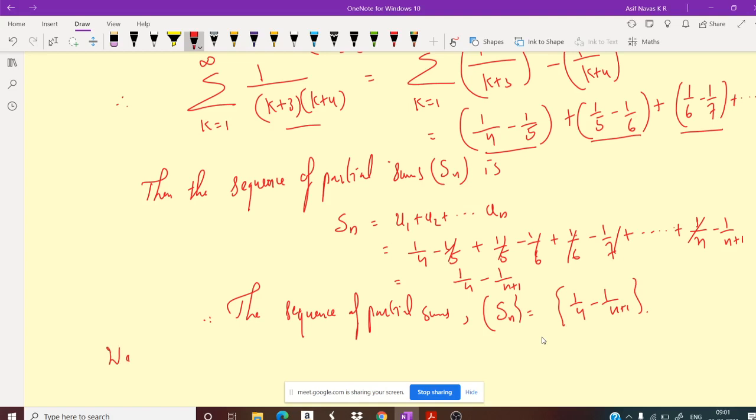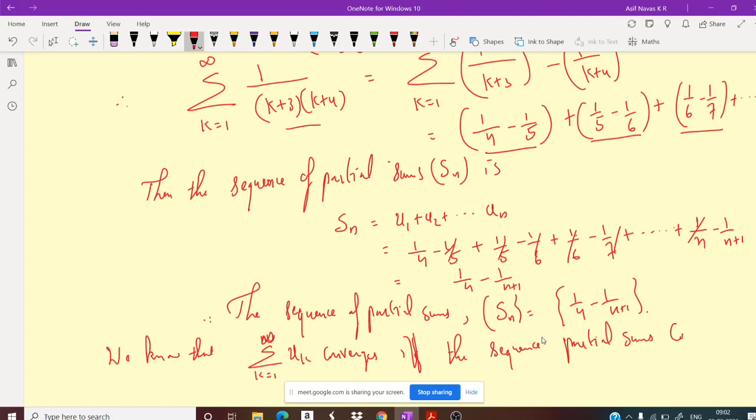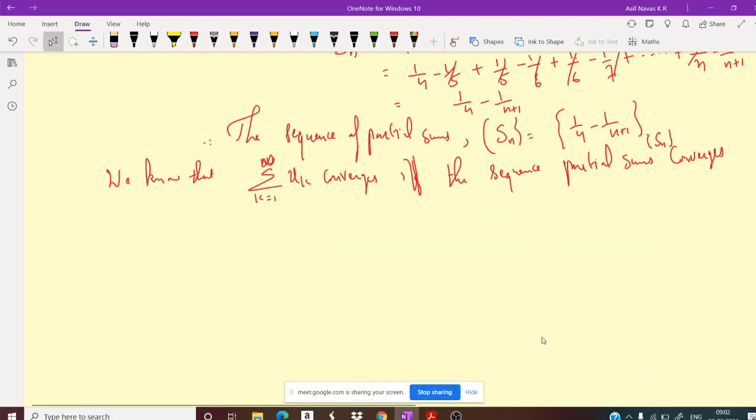Now we know that sigma k equal to 1 to infinity uk converges if and only if the sequence of partial sums Sn converges. And we know that a sequence is convergent when it has a finite limit.